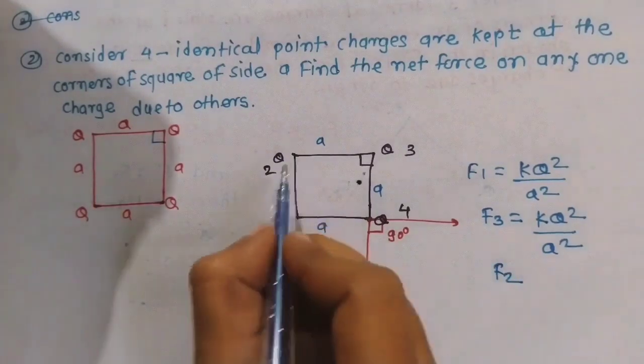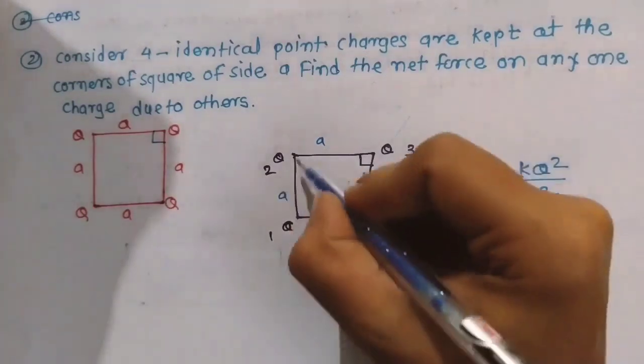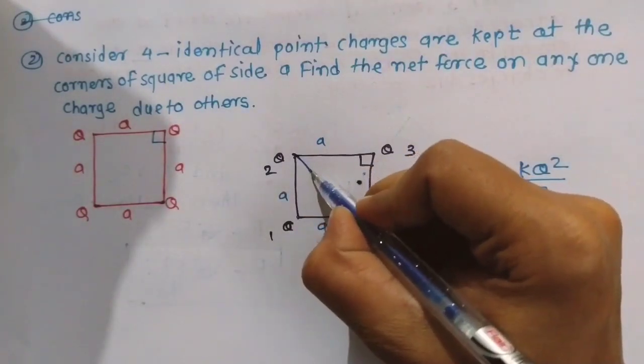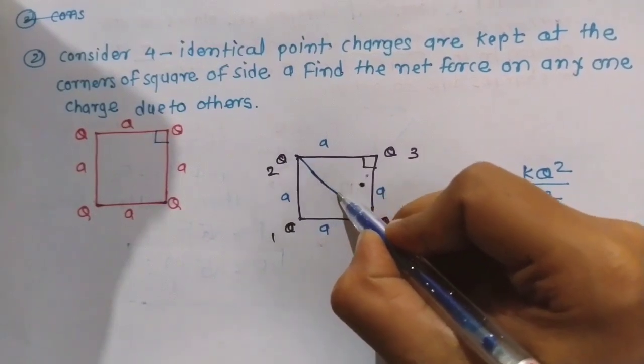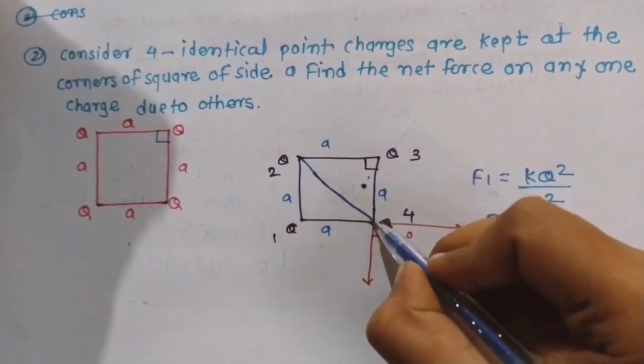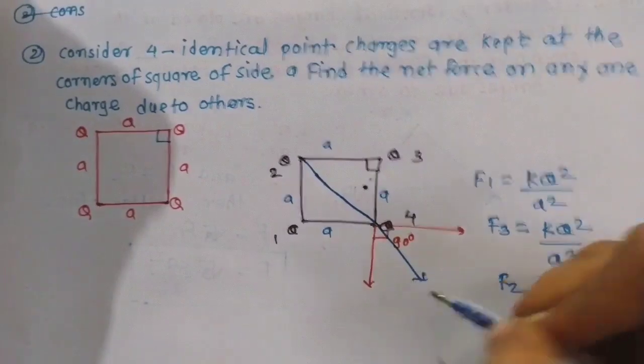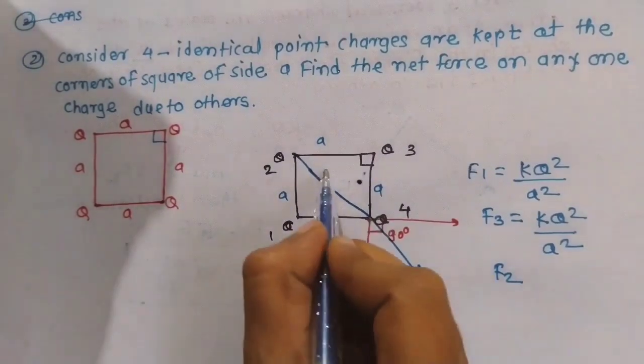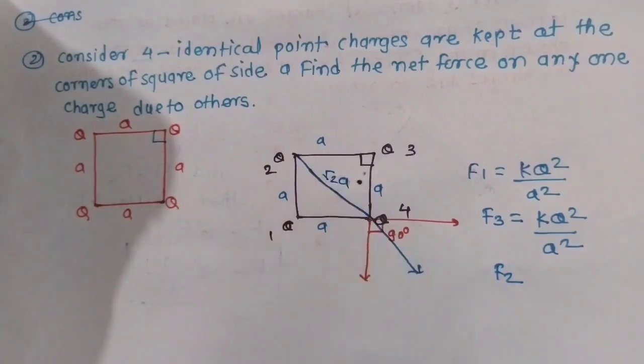Due to the second charge, we join this 2. Both charges are positive, that's why they repel and the direction is away from the charge.